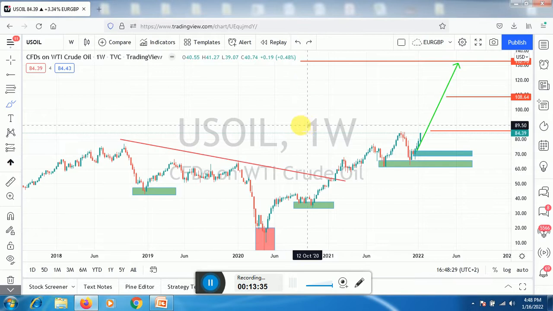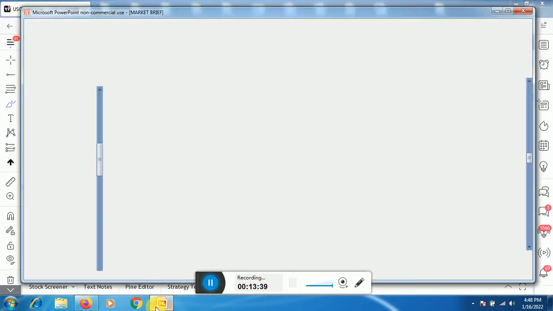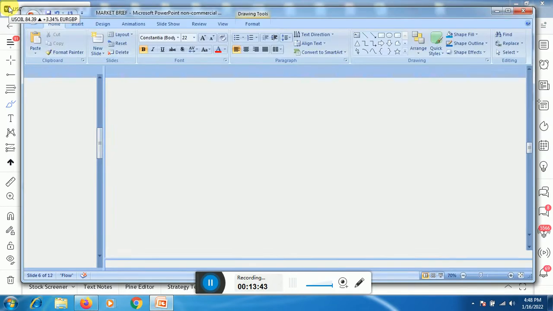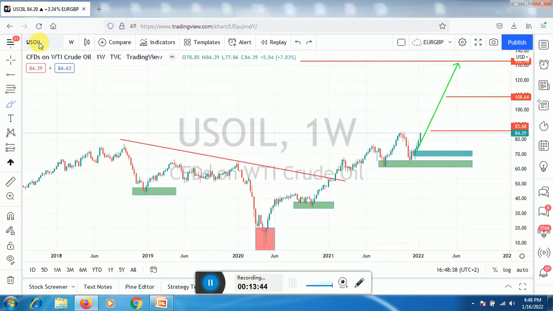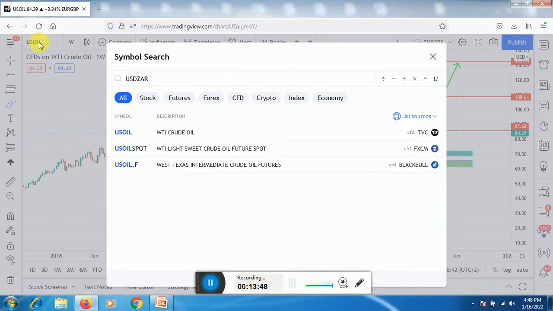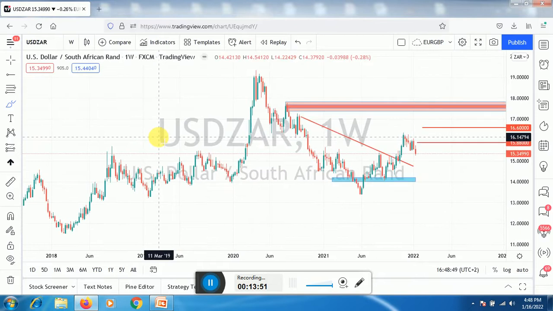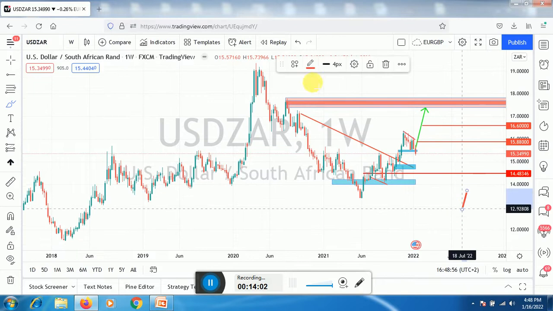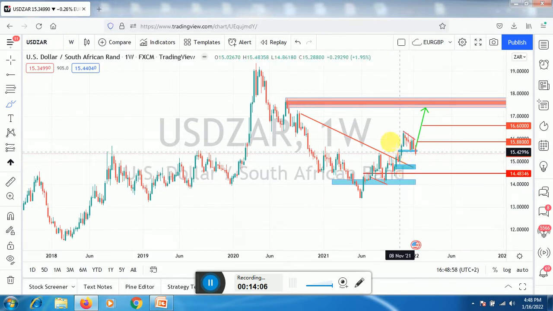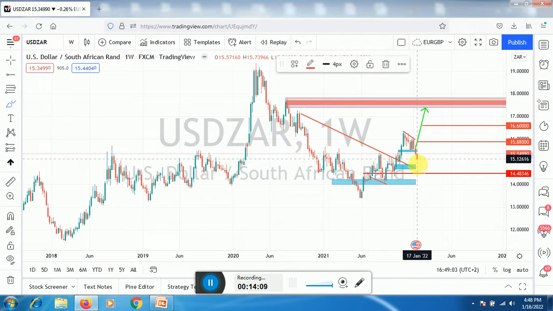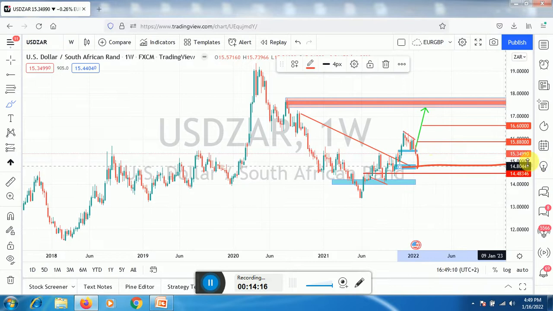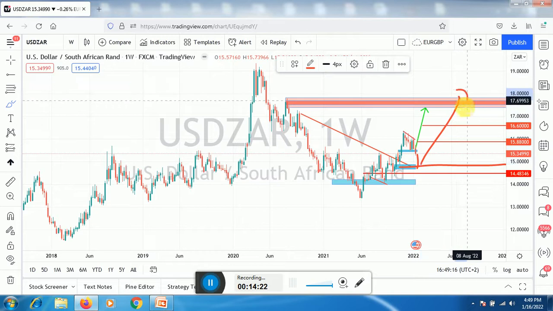So when we are looking at USDZAR, okay, the story of USDZAR, it has been positive the past couple of days, but we might see ZAR coming down to this level here, below the 1500, let's say 1418, and then price might bounce off again and go to the initial target that we had of 18 bucks.